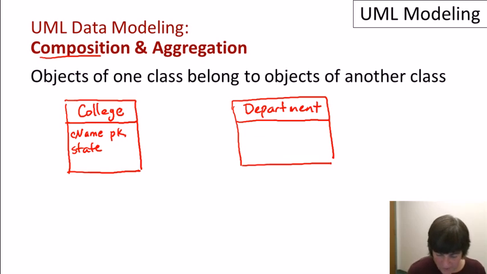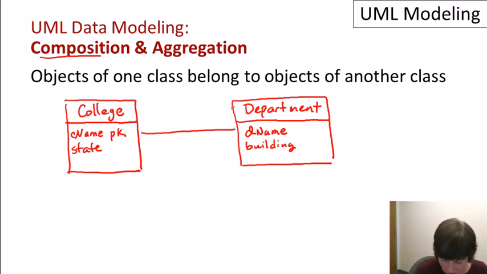So I've drawn the two classes here, and let's say for the department we have the department name and, say, the building that the department is in. And so we're assuming that each college has a whole bunch of departments. Now we can make an association between colleges and departments to say that a department is in a college, but when we have the idea that the departments belong to a specific college, then that's when this composition construct is used.